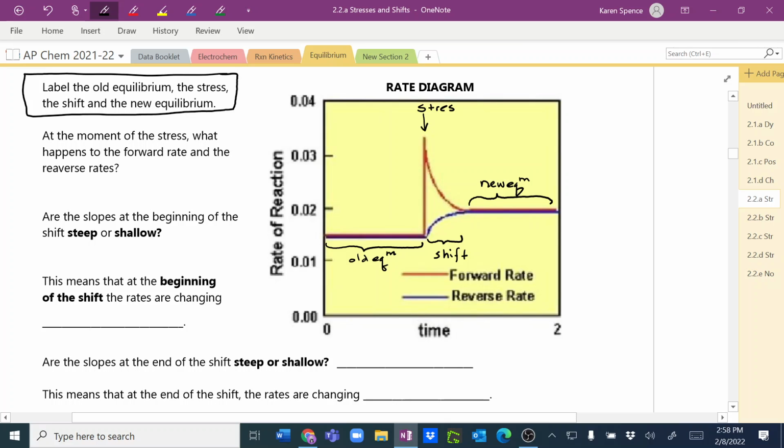Is that approximately what yours looked like? Pretty much? Okay, good.